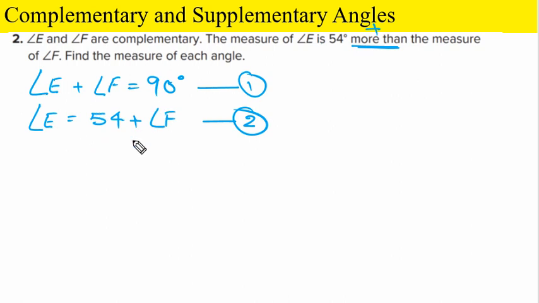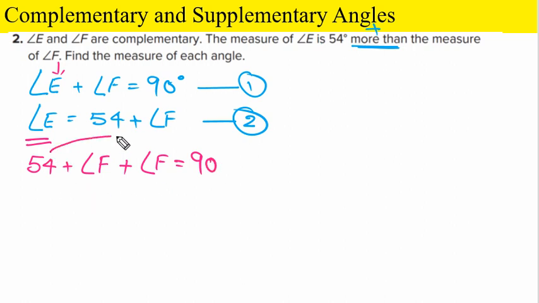So what we can do from equation 1 and 2, substitute from here into this. So 54 plus angle F plus angle F equals 90. 54 will go to the other side. This is positive, will become negative, and 2 angle F is equal to 90 minus 54.